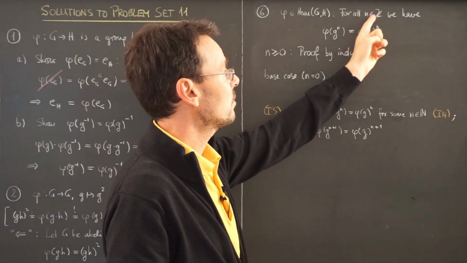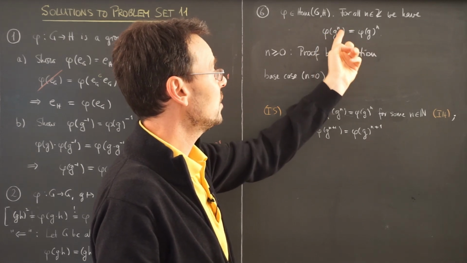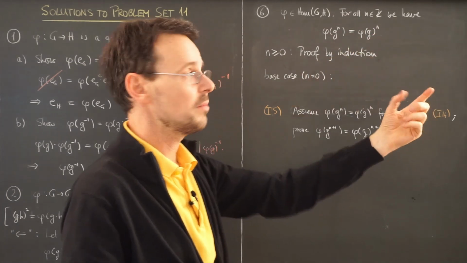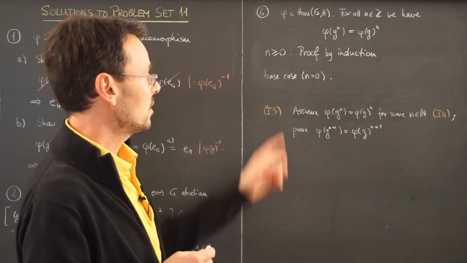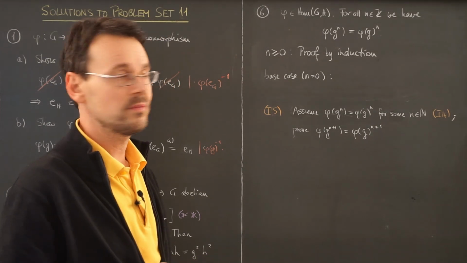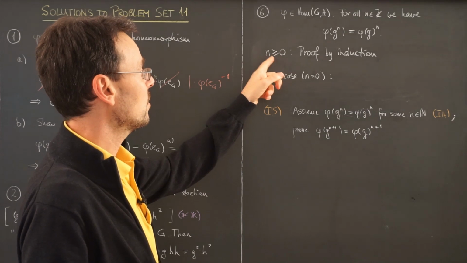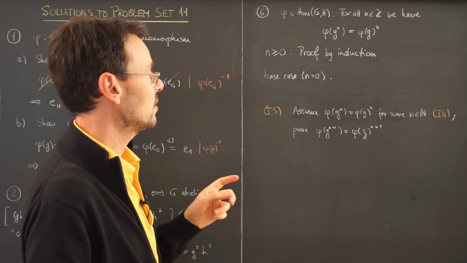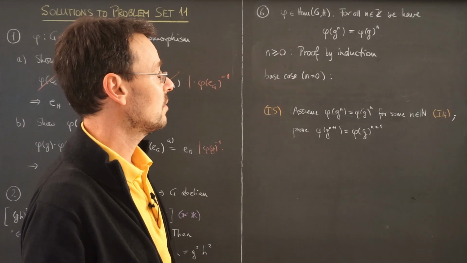And we have to show that for every integer n, phi applied to g to the n is the same as first applying phi to g and then raising to the power of n, now in the group H. And as hinted in the exercise, this is a classical situation for using a proof by mathematical or complete induction. We do this first for the non-negative integers, so the natural numbers including 0, and then we reduce the second case to the first one.